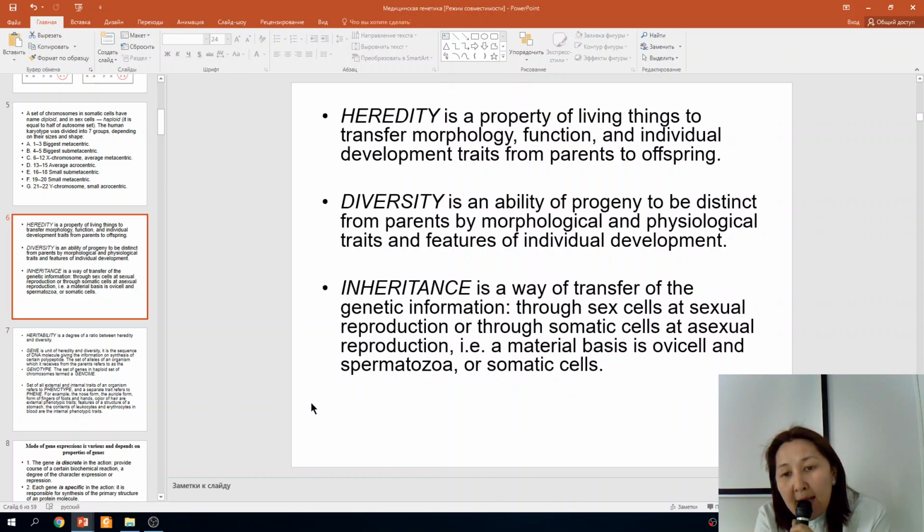Diversity is an ability of progeny to be distinct from parents by morphological and physiological traits and features of individual development. Inheritance is a way of transfer of genetic information through sex cells at sexual reproduction or through somatic cells and asexual reproduction, with a material basis in ovary cells and spermatozoa or somatic cells.